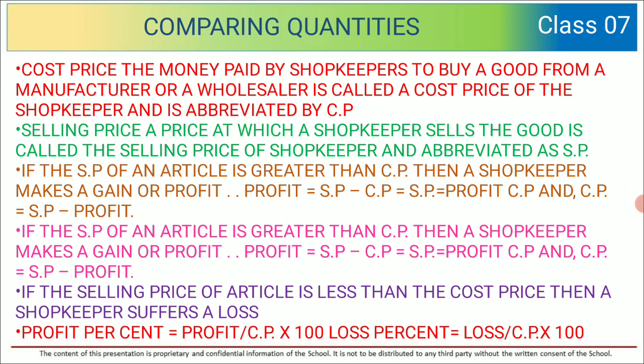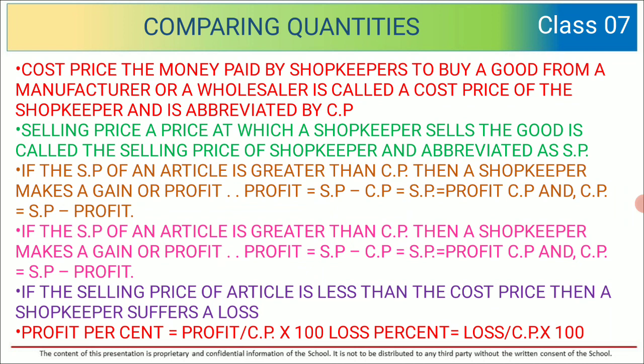So we can clearly make out, children, that he bought at 120 but is selling at 150, so he is gaining 30 rupees profit. In this way we can calculate the profit.